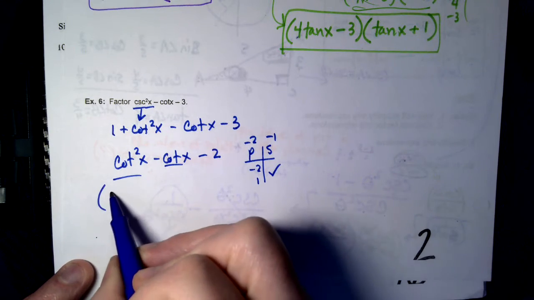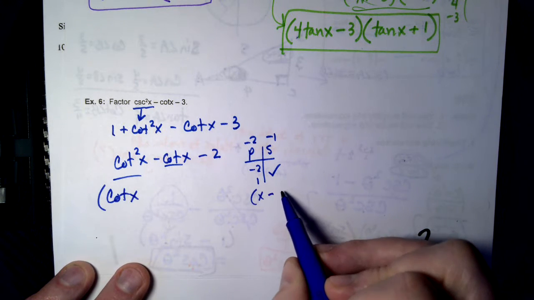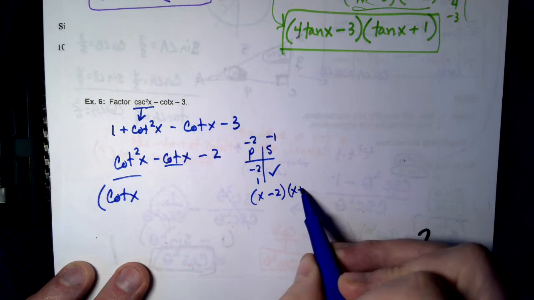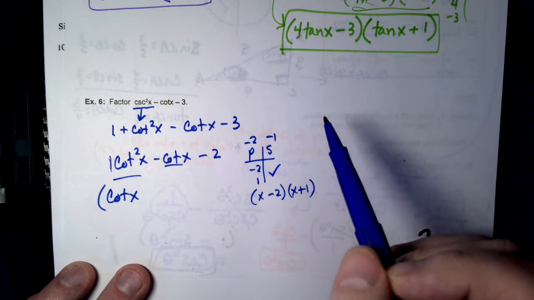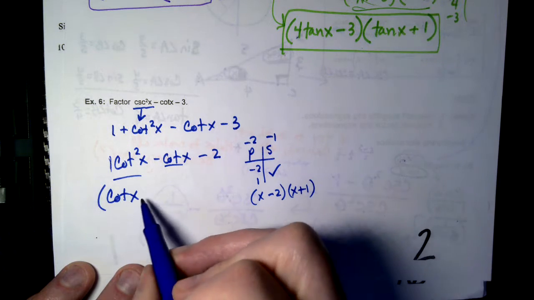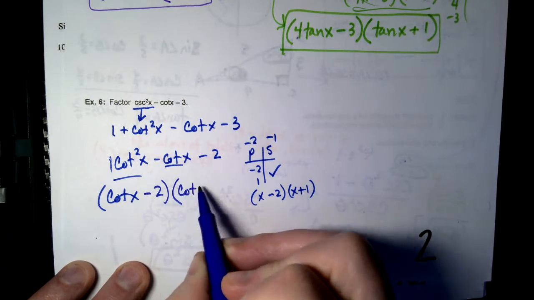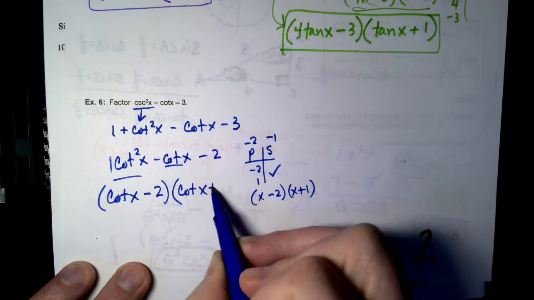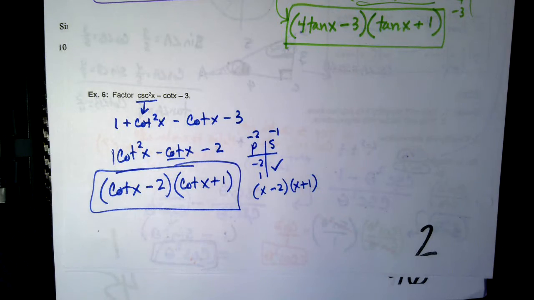So real simple, it's cotangent x minus 2 and cotangent x plus 1, because it's a 1 in front. It makes it a little easier than the one with a 4 in front. And those are your two factors.